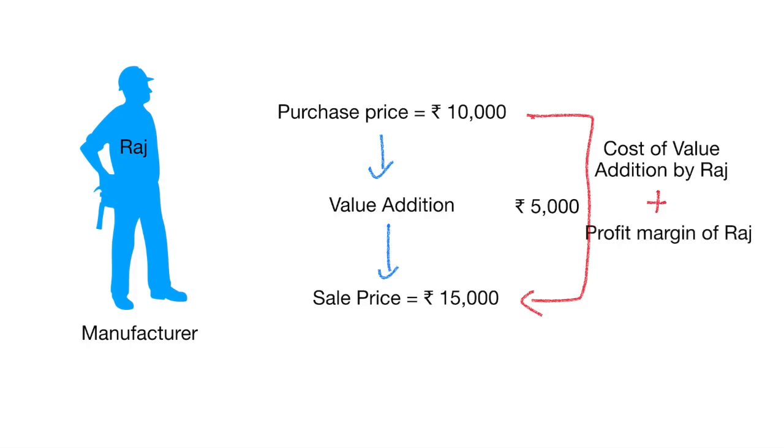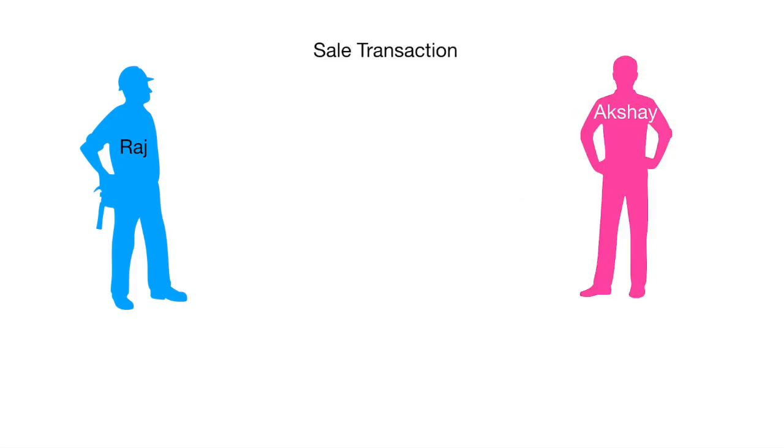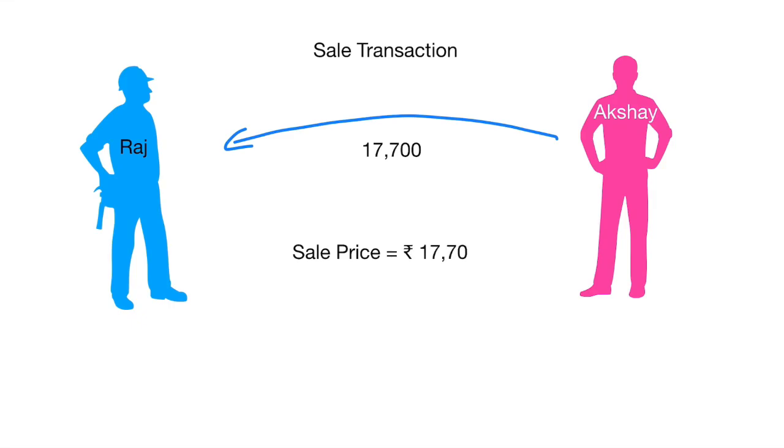This increase of 5,000 includes the cost of value addition done by Raj and the profit margin of Raj. Again, this being a sale transaction, GST will be applicable on this. So, Raj will have to sell it for 17,700, that is 15,000 plus 18% GST, which comes to 2,700. Again, same as transaction number 1, Akshay will pay 17,700 to Raj.